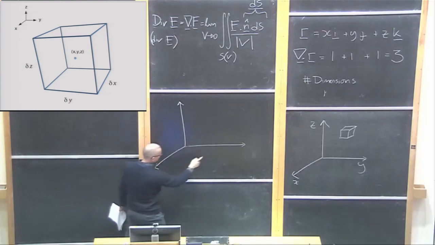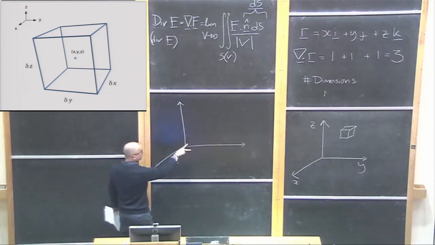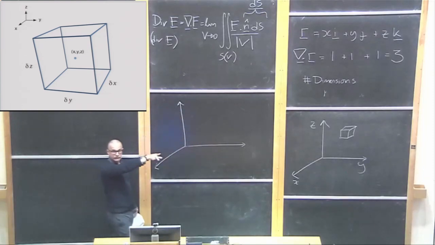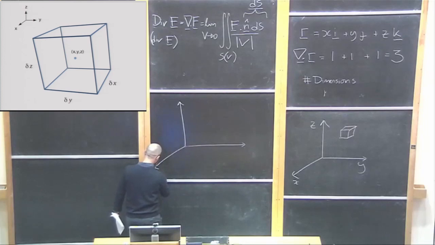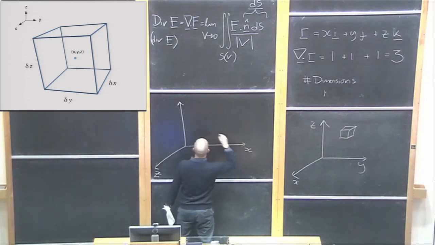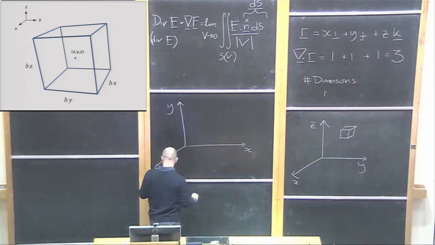So I normally have x, y, z. In order to keep the handedness of my coordinate system the same, but have x over here, I just rotate my coordinate system around like this. So this becomes z, this becomes x, and this becomes y.